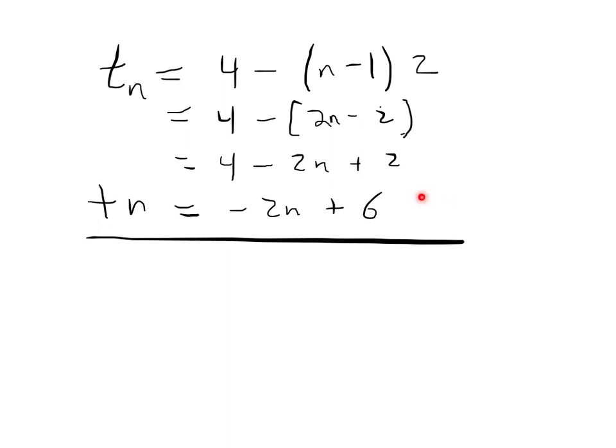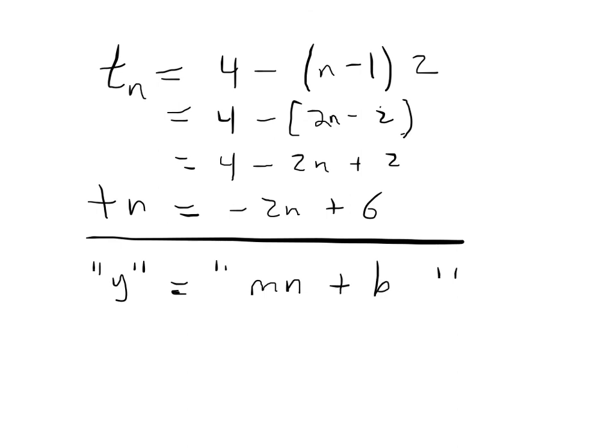What kind of function is this, if I were to think about it as y equals some function of n? It's looking like mn plus b, or mx plus b.